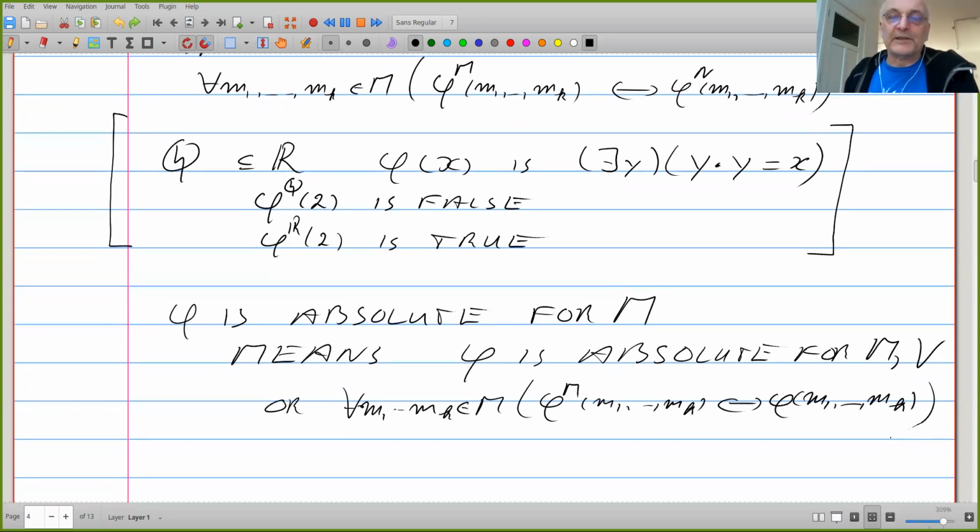And if we are relativizing to the whole universe, we're not doing anything. So we don't really hang the V on the formula, because that's not necessary.